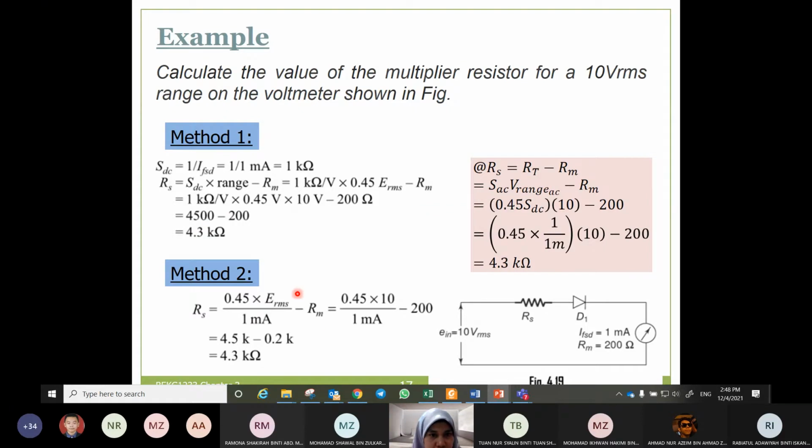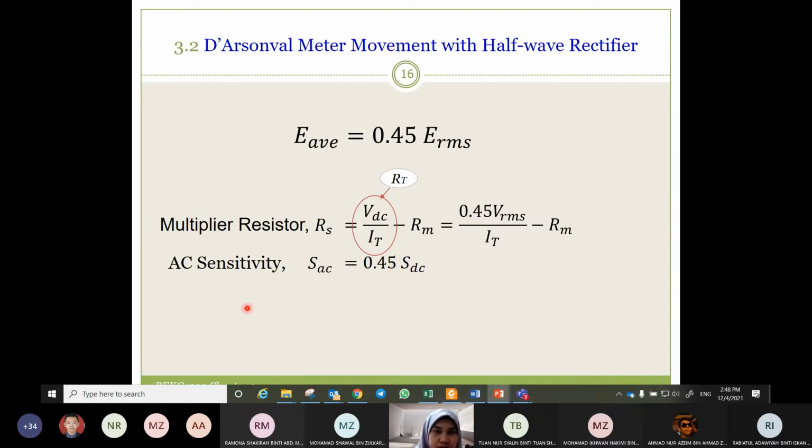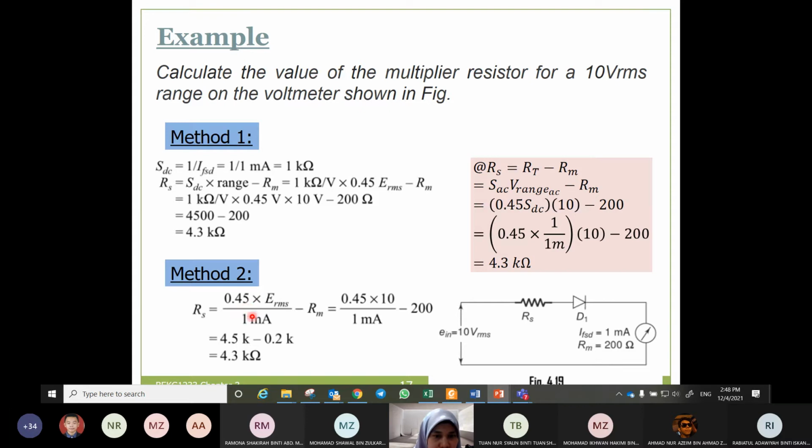How about this formula? RS is equal to this formula 0.45 VRMS or VAC divided with I total or IFSD minus RM.